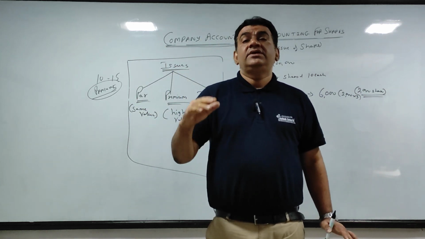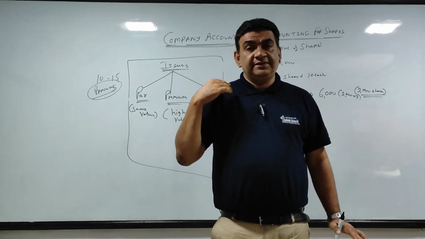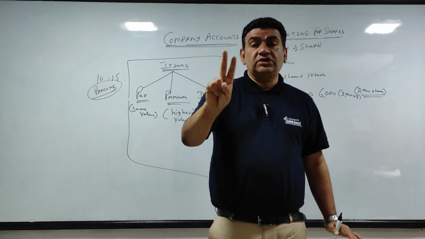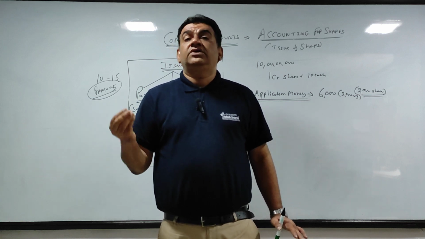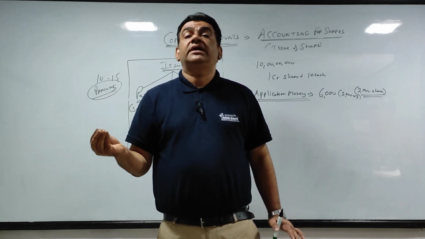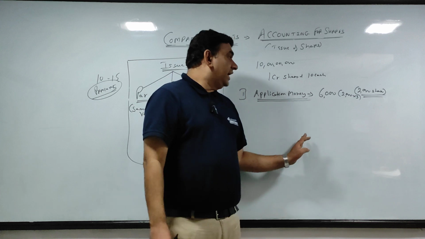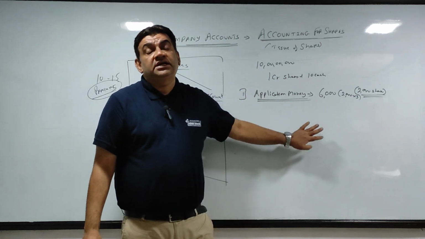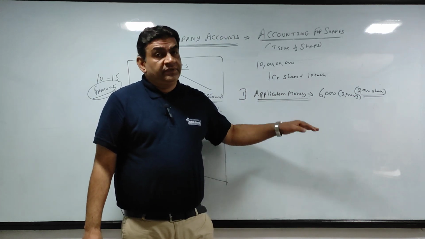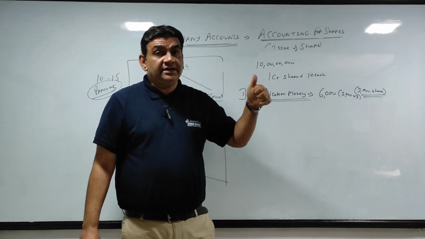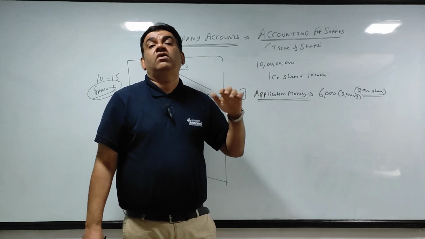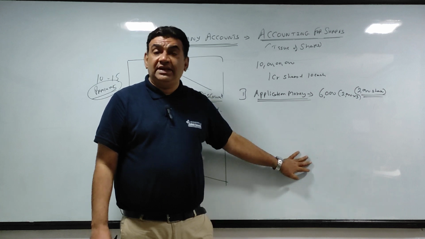Partial allotment means you applied for 2000 shares, you will get shares but not 2000. You may get 500, you may get 1000, you may get 1500, you may get 2000. So you get shares in part. Either your application is fully accepted, or fully rejected, or you get part of the shares applied.